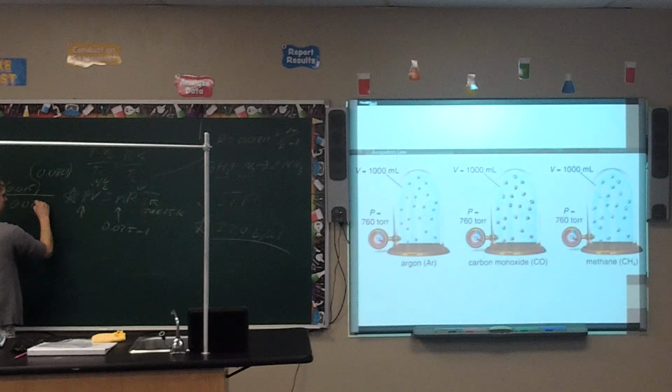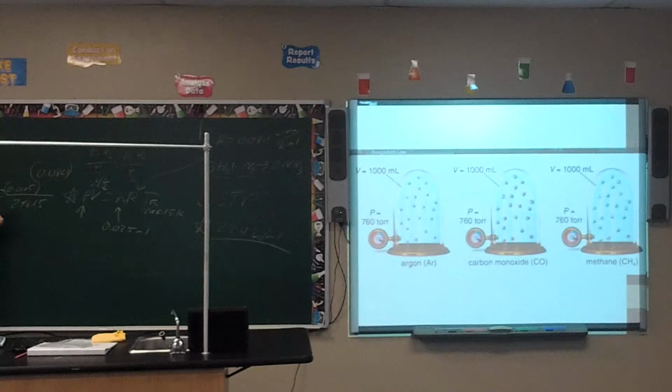Then the temperature, 298.15. Then divide down here by 0.4 as well. To solve this, it's 0.025 times 0.0821 divided by 298.15 divided by 0.4, and that gives the answer of approximately, with the sig figs, your book rounds it for you, but it gives it as 1.5.